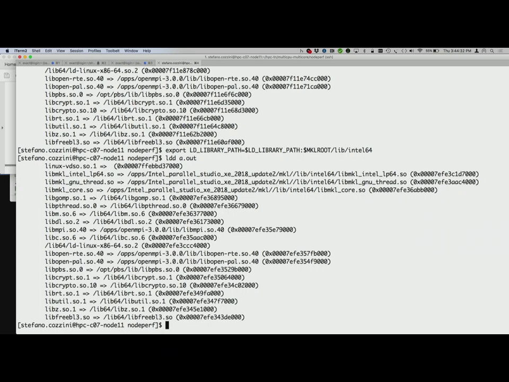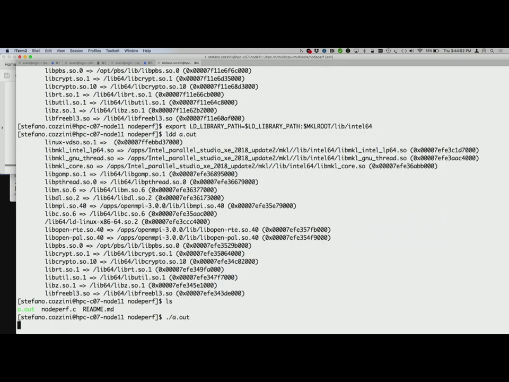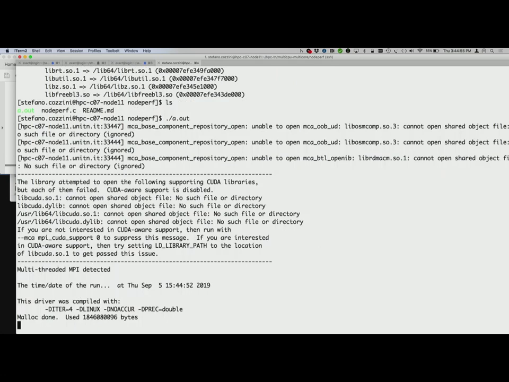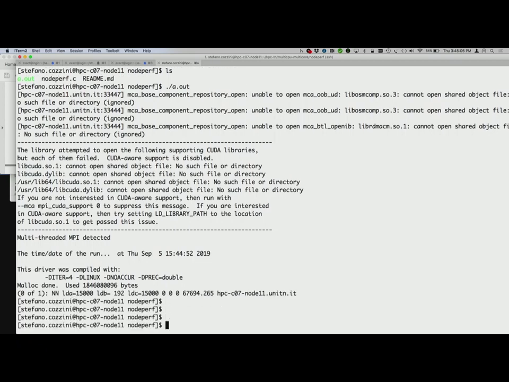So in this way, now we have everything ready. We have this node perf, which is a piece of software that was created by Intel to show how good their compiler, their library, and their hardware are. So we can try to run it and see what's happening. It says, for instance, that it is a multi-threaded MPI application.